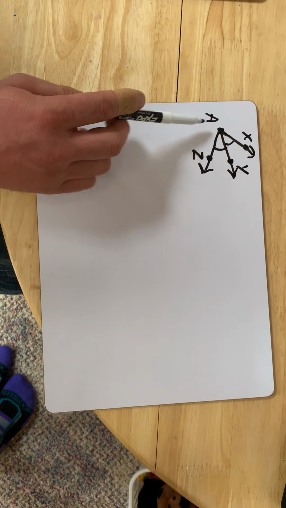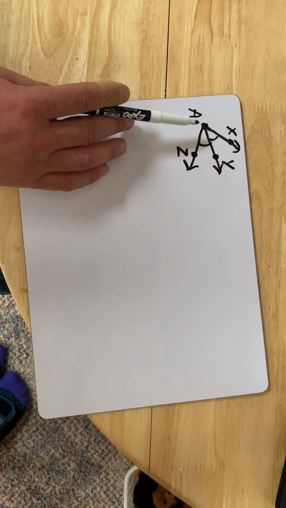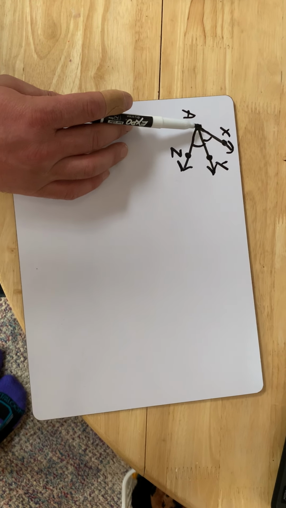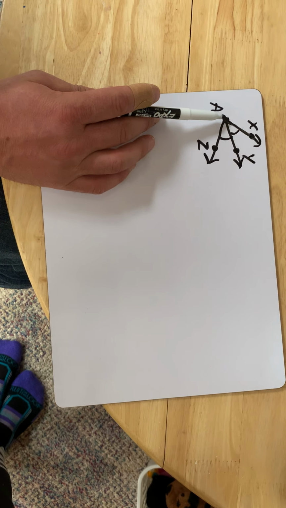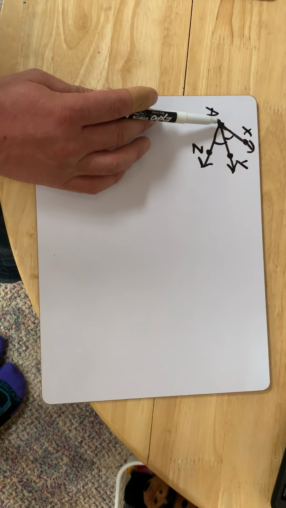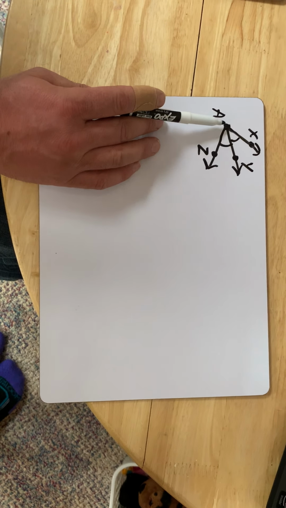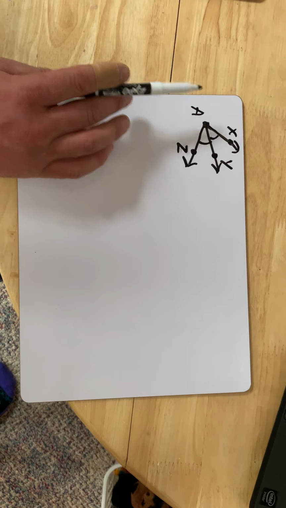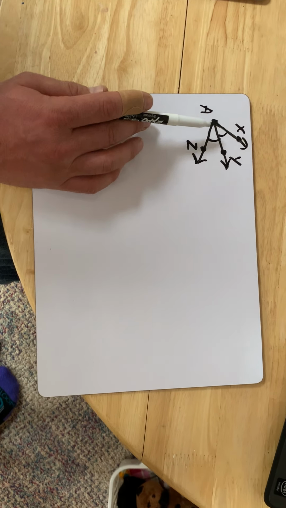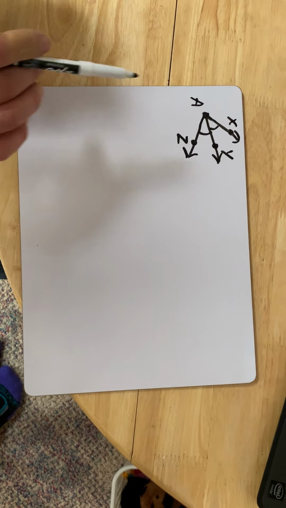Ray AX, ray AY, and ray AZ, which makes 2 angles, because since all 3 of these rays share the same endpoint, they create 2 angles that share the same vertex point. So the 3 rays share the same endpoint, and the 2 angles created share the same vertex point. So A is the endpoint of 3 rays, and A is also the vertex point of 2 angles, right?